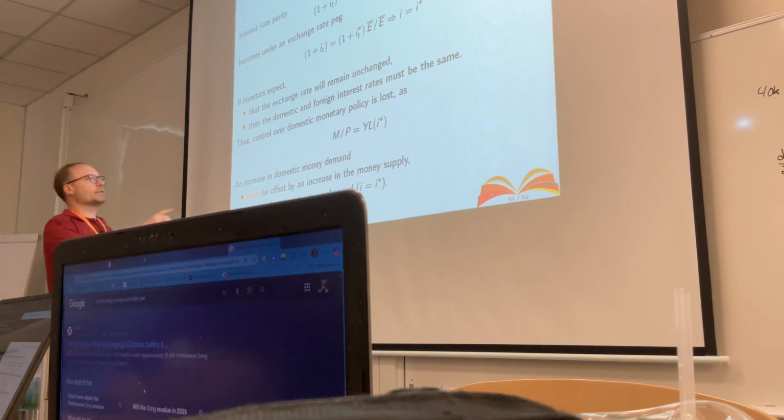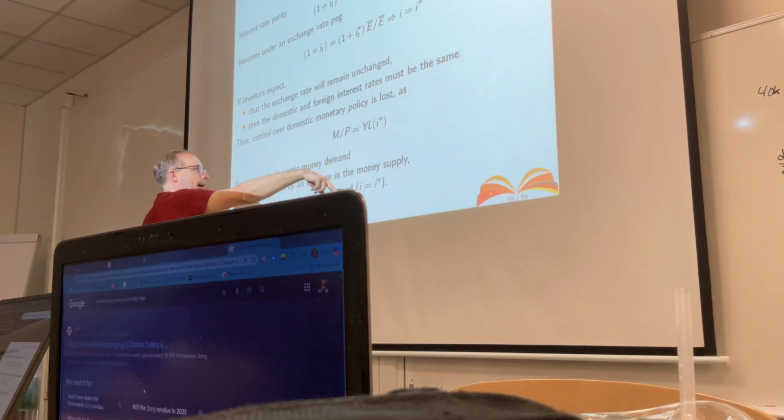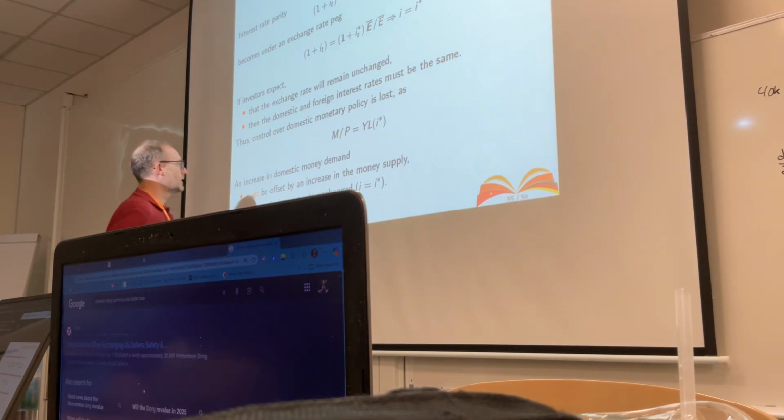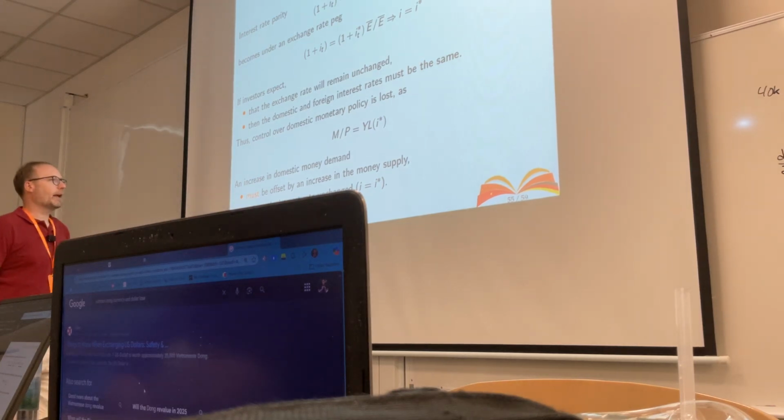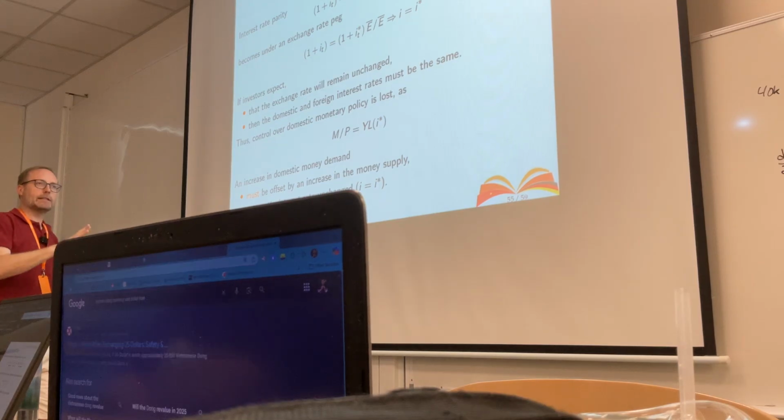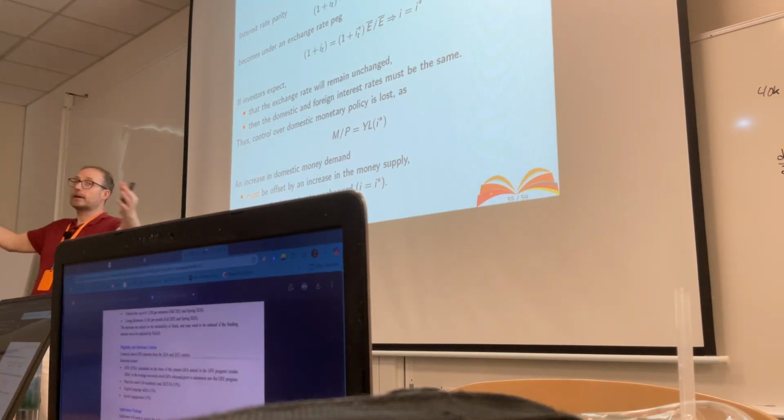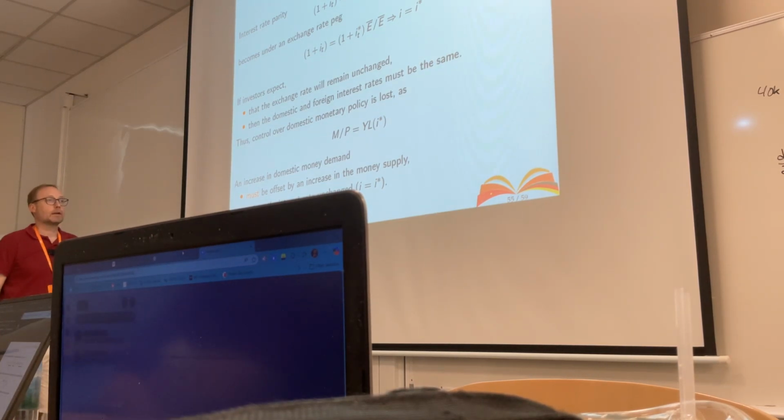Or, I'm sorry, negative. If i star goes down, then we would need to increase the money supply here abroad. Expansionary monetary policy in the United States is going to cause us to increase the circulation of dollars in the economy.